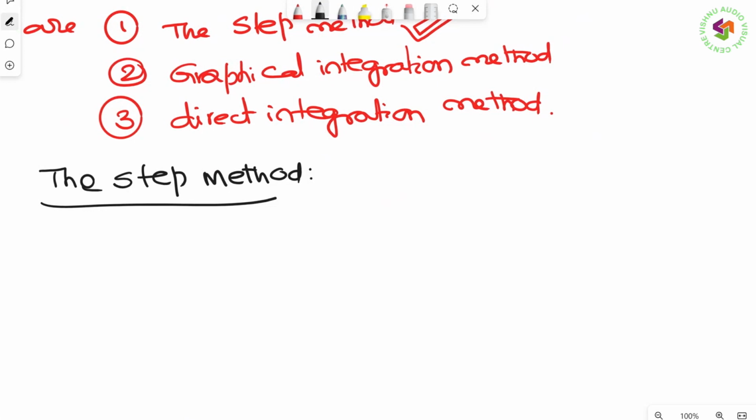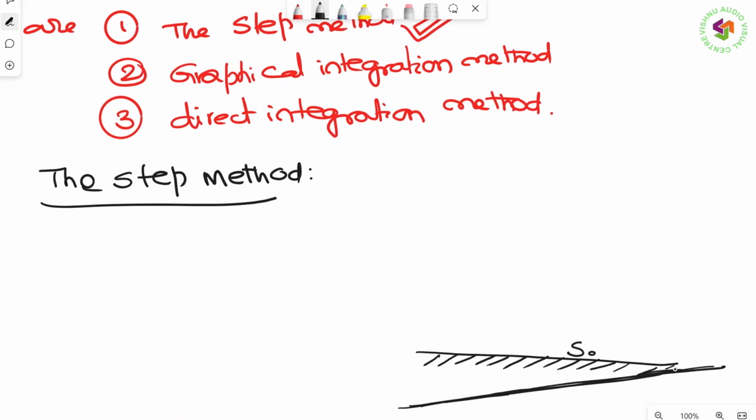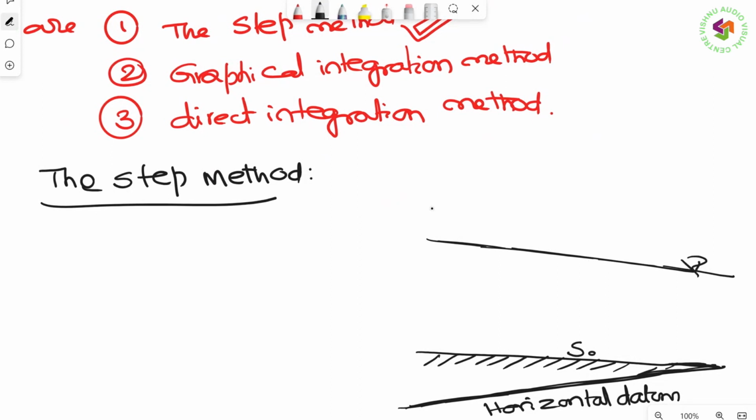What we will do in the step method, for example, suppose this is the channel bed. Its slope is S naught. So this is a horizontal datum, right? Then this is the water surface. Then this is the energy line slope SF.